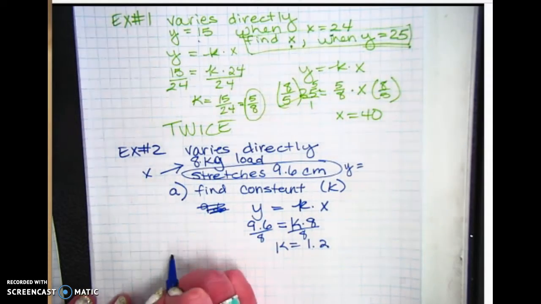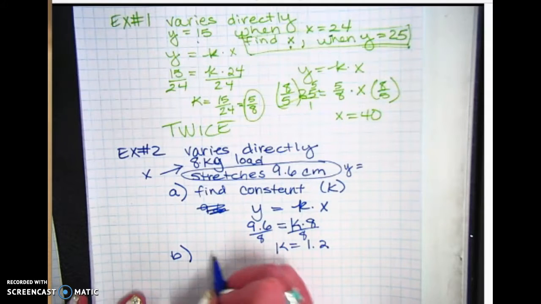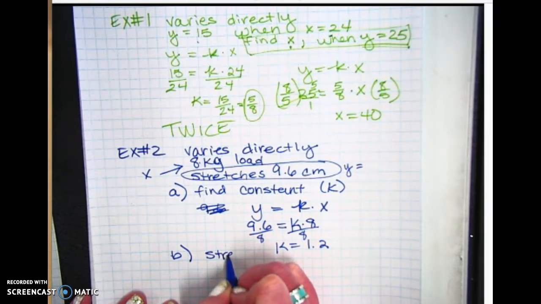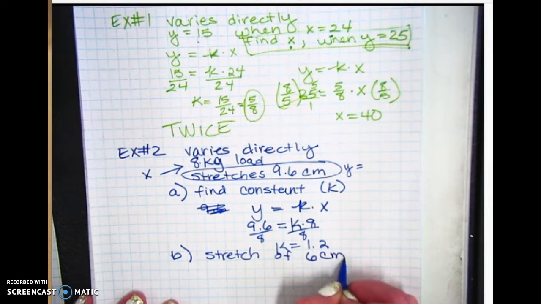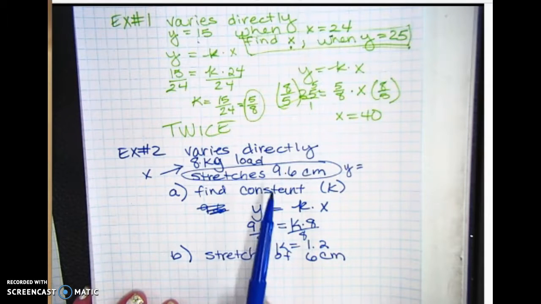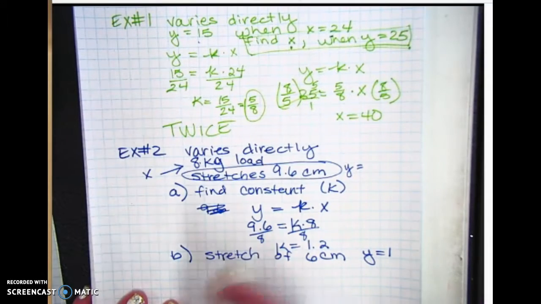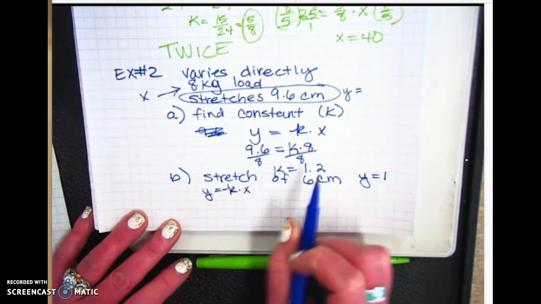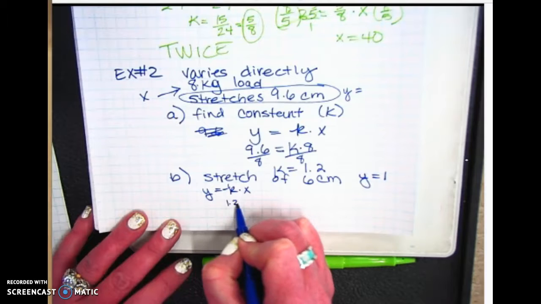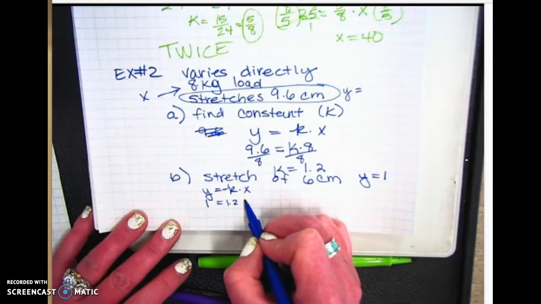Second part, you're going to take that k and you're going to plug it back in when you have a stretch of 6 centimeters. So the 6 centimeters should go in for y, right? So if we use the same equation, y equals k times x, we just figured out the k was 1.2, and we know the y is 6, so we need to figure out x.